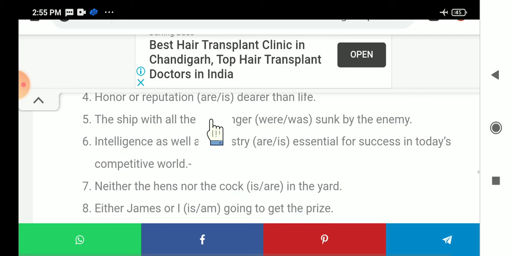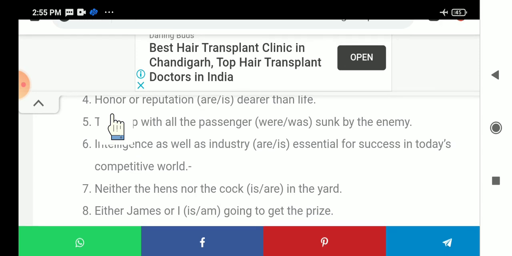Understood? Now comes question number 4. Honor or reputation are or is dearer than life. Which is the best suitable verb for this blank? Is.